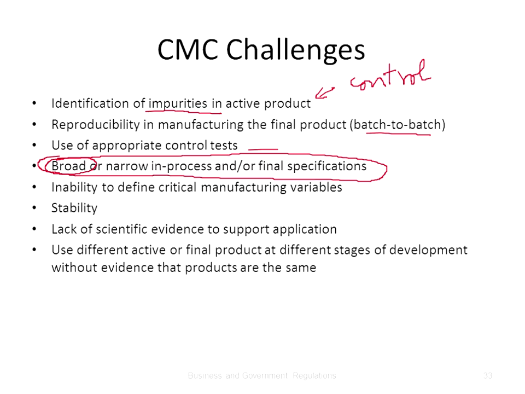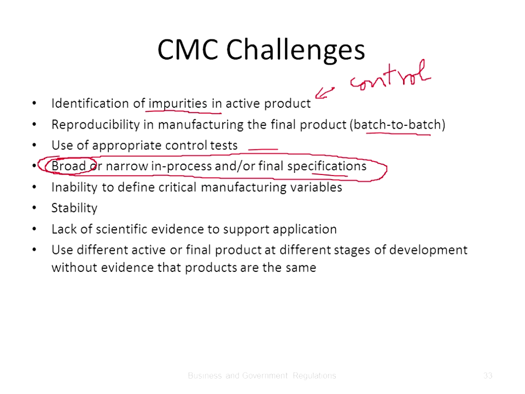This is because you don't want to box yourself in. As long as you are satisfied that the product is pure enough for your clinical trials, if you keep the specifications broad, you will have better room for maneuvering later on. Okay, so it's important to think about these specifications ahead of time.